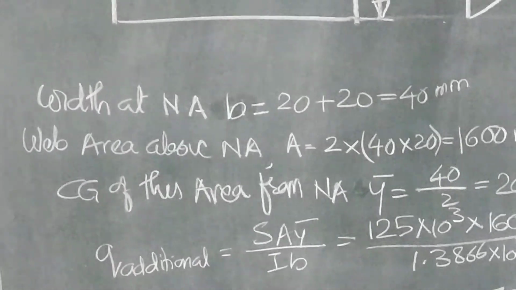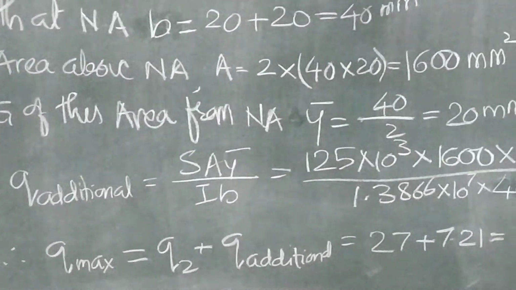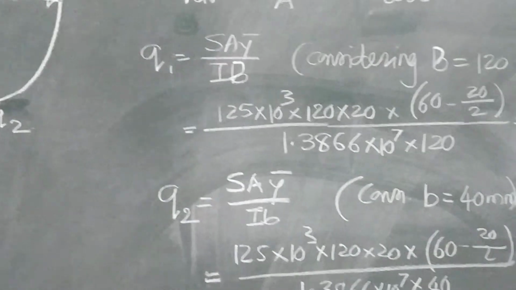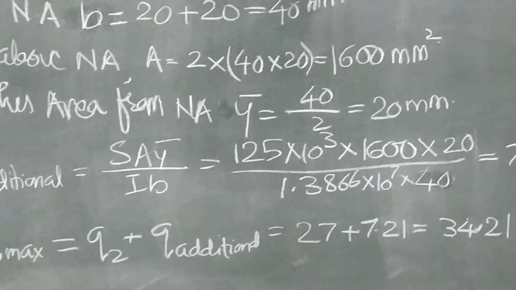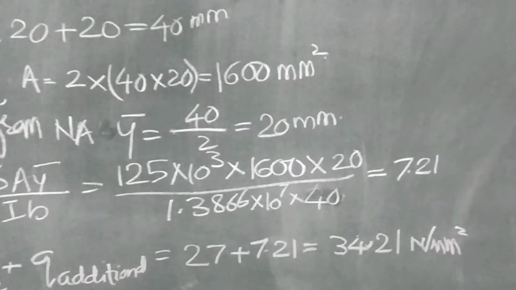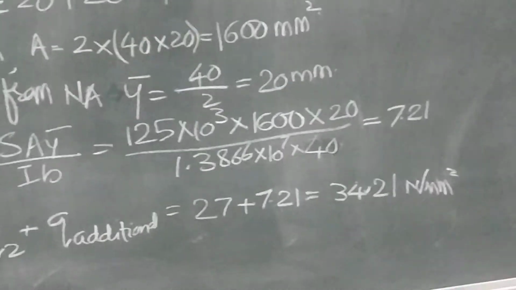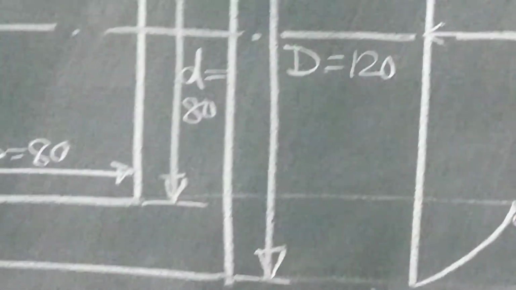Now we know Qmax is equal to Q2 plus Q additional. Q2 we have found out as 27. So Qmax is equal to 27 plus 7.21, that is 34.21 Newton per mm square. Let me write down parameters and draw the shear stress distribution diagram.